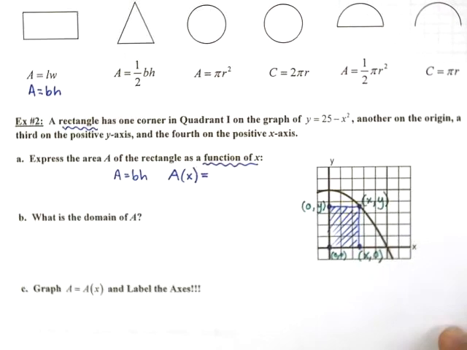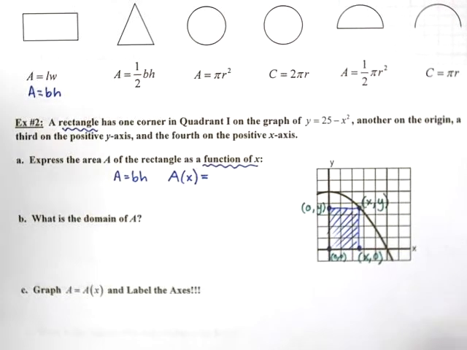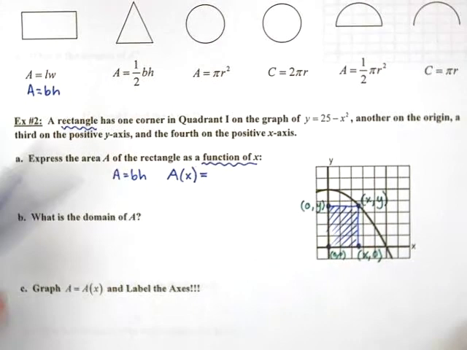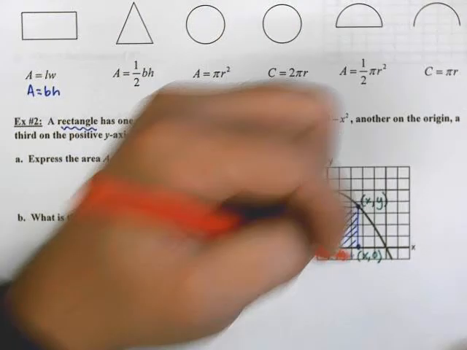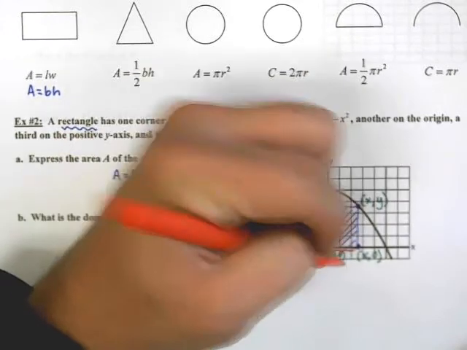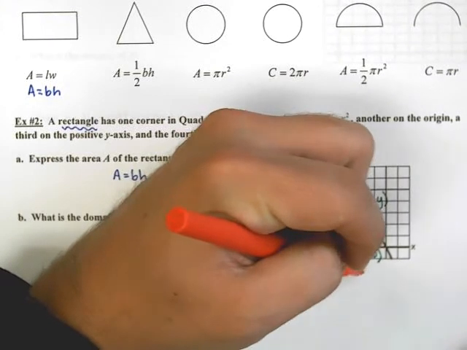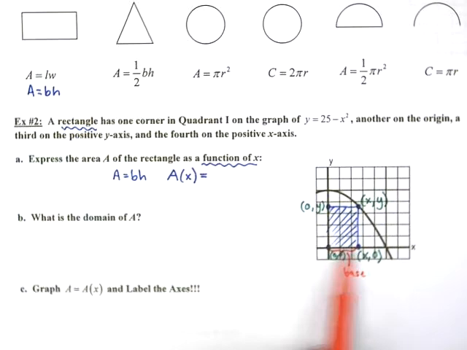This will still equal base times height, but let's look at our picture. Can we change anything? Where is our base? Our base is right here. And what is the length of our base?